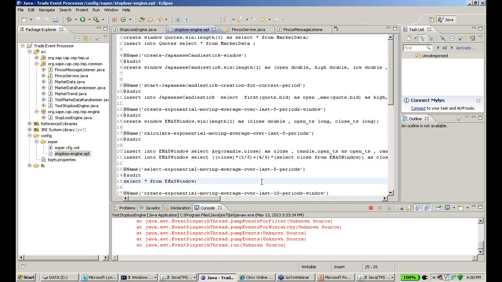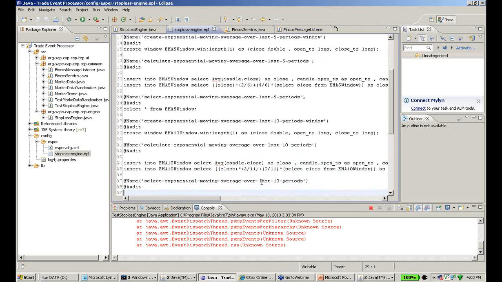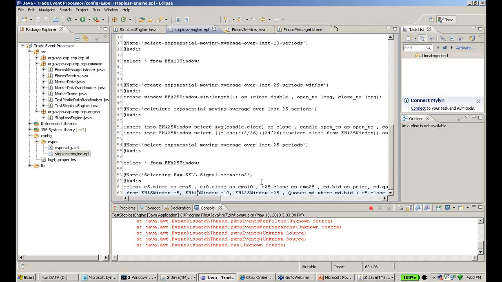Likewise, EMA 10 and EMA 25 are calculated. Every statement can be given a name, like calculate exponential moving average over period of 25 seconds. Selecting is another statement, and with each select statement we will also add an update listener.